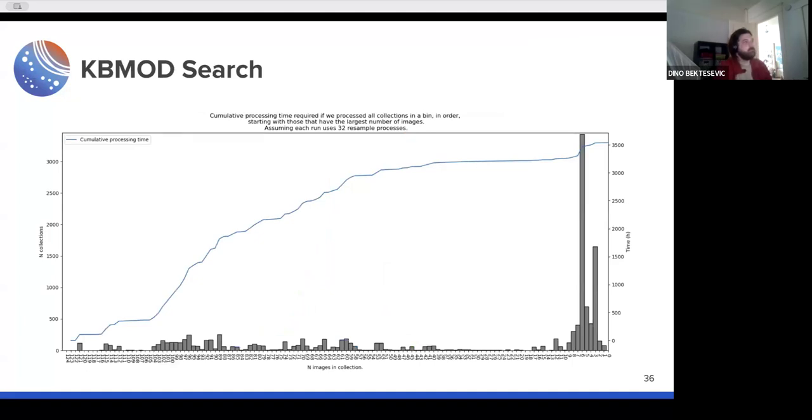The best case scenario is 3,500 hours worth to do everything from deep, and that's about 20 terabytes. I think I can squeeze it into 10 days on about 40 to 100 GPUs. It's not impossible. Certainly, at some point, the amount of data from Rubin is too big to keep track of. So choices will be made.